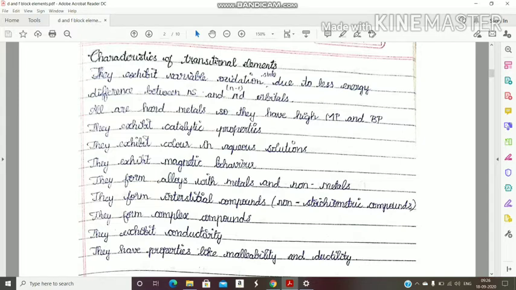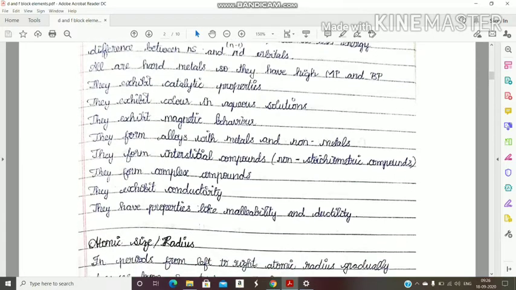Here we have to know one more point, that is here we have to discuss each and every characteristic of transitional elements separately. Then automatically this chapter will be finished. Especially this topic is there, complex compounds, that is separate next chapter. That is the next chapter. We have to discuss each and every topic later.